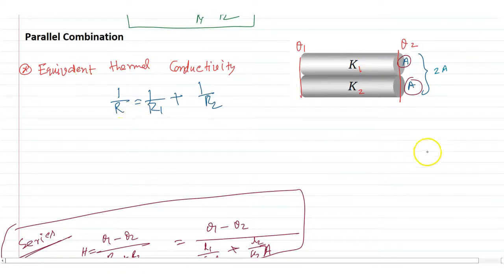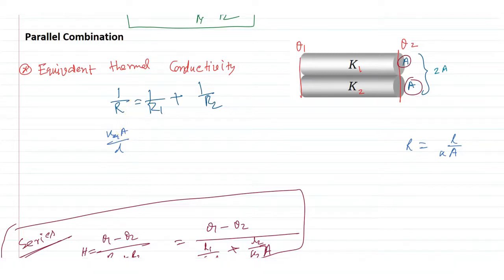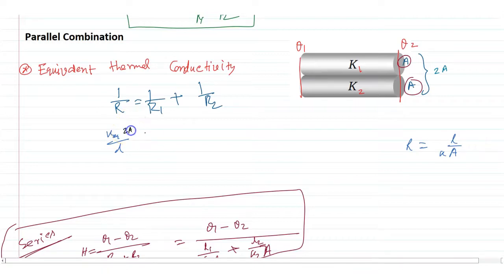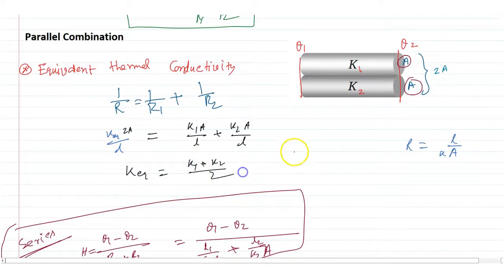R means rho L by A, that is L by A into K, so there will be K A by L. For K equivalent, A will be 2A here. So K into 2A by L equals K1 into A by L plus K2 into A by L. You can calculate K equivalent will be (K1 plus K2) by 2.